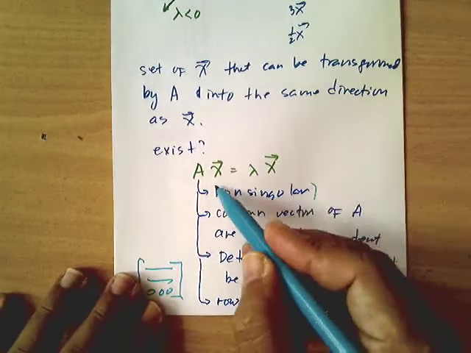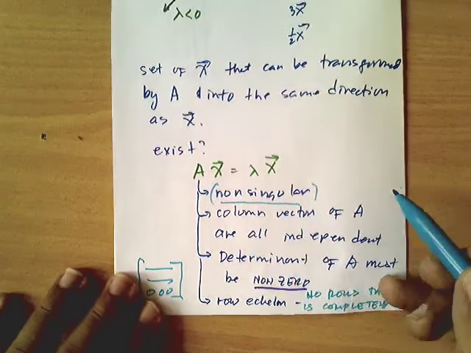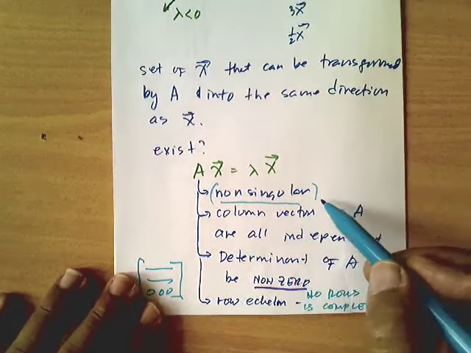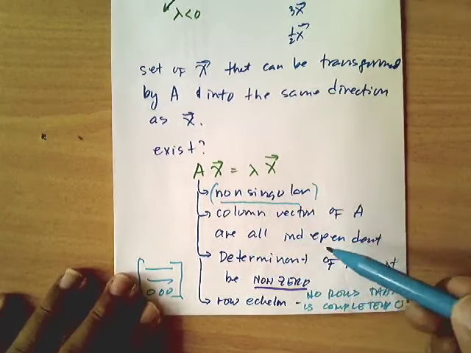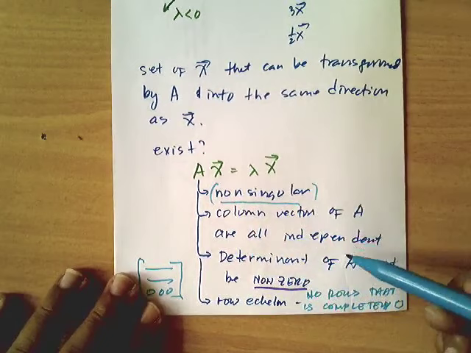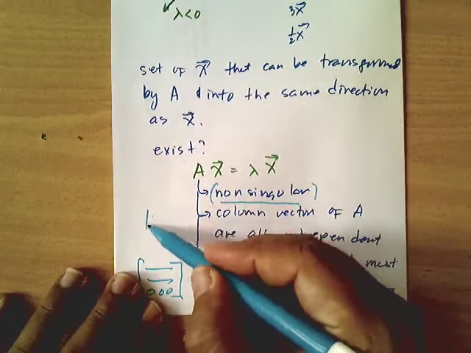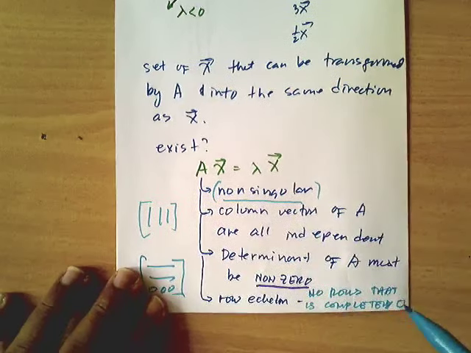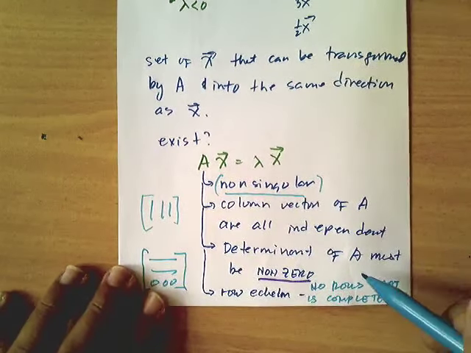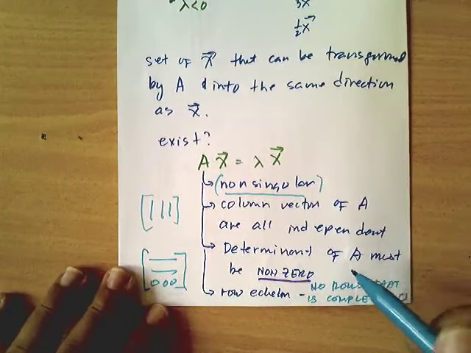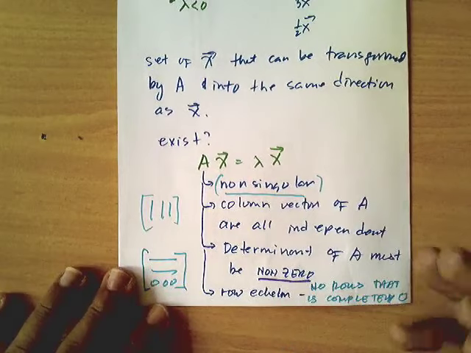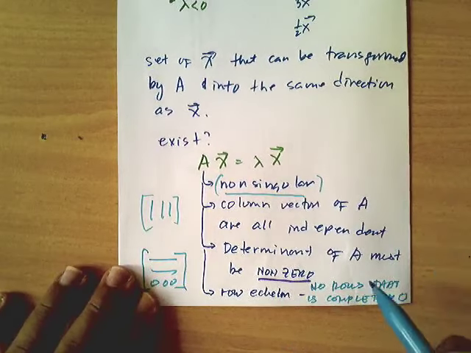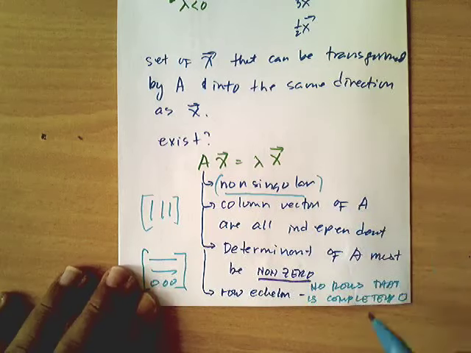In your examination, the keyword they use is non-singular. What it means is that the column vectors of A are all independent, and the determinant of A must be non-zero. Or by inspection, we can easily see whether A is non-singular if there are no rows that are completely 0.